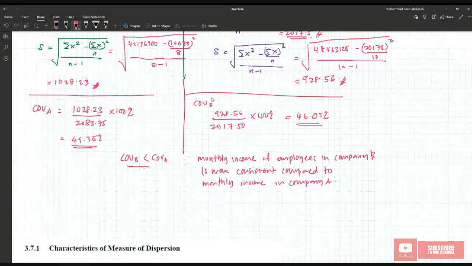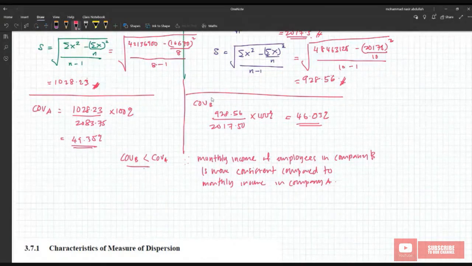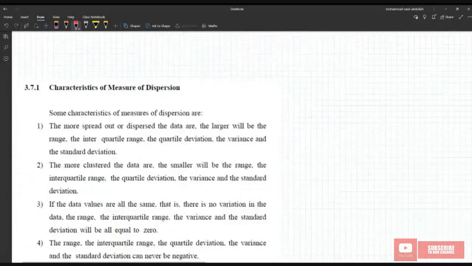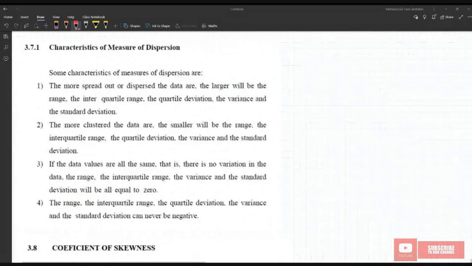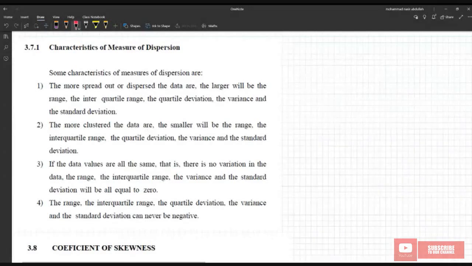So I hope you understand this one, right? So far, do you have any question? Right. So now, look at the characteristics of measure of dispersion, right?